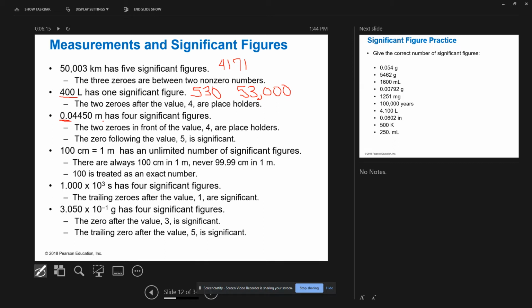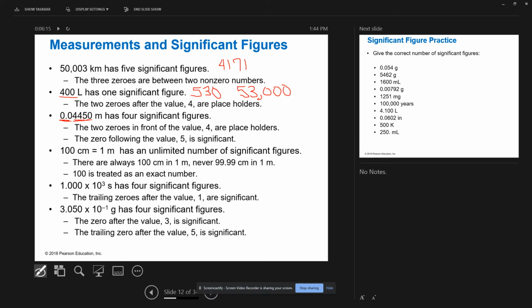So the zeros at the beginning of a decimal number do not count for significant figures. However, these 4 do count. Of course these do because they're non-zero digits. In a decimal number, trailing zeros do count, whereas in a non-decimal number, trailing zeros do not count.